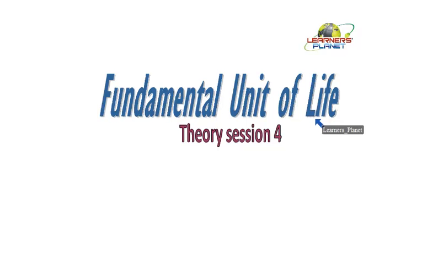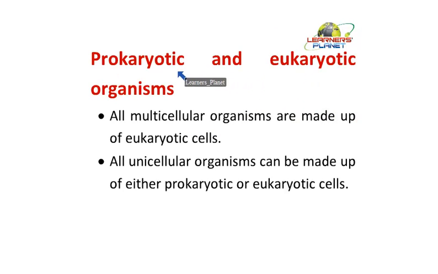Now, such properties or differences are generally on the basis of the number of the cells, then the size of the cell as well as the shape. Besides this, in today's session, let us introduce another property which provides difference between the various kinds of organisms, and that term is prokaryotic and eukaryotic organisms.